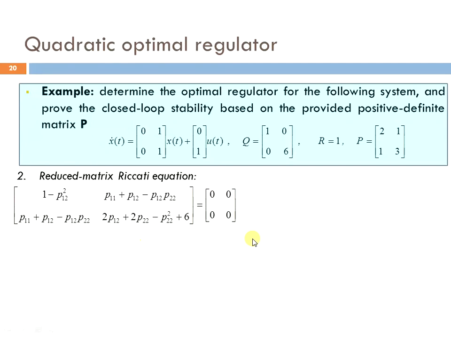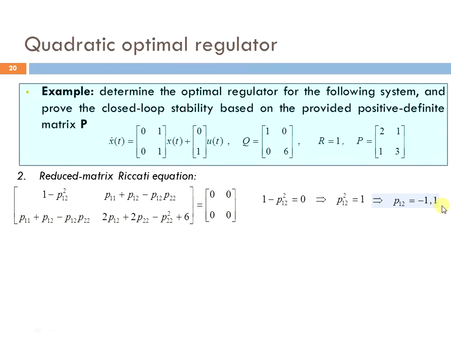Firstly, we can take the first term because that one has only one unknown, P12. From that we find that P12 has two values, -1 and +1. For each of those values we have to find the corresponding values of the other elements, P11 and P22.